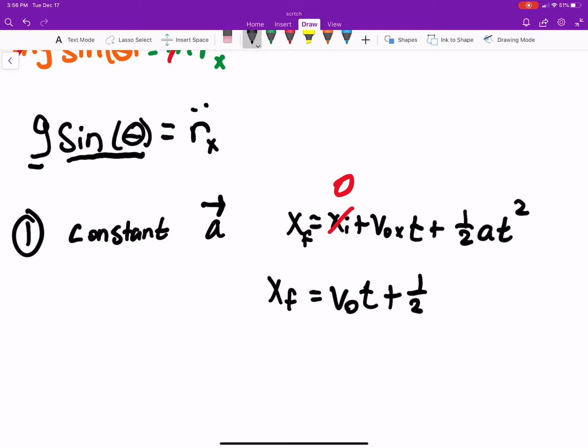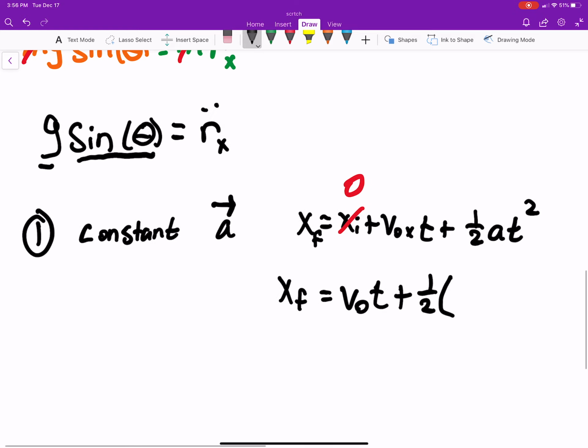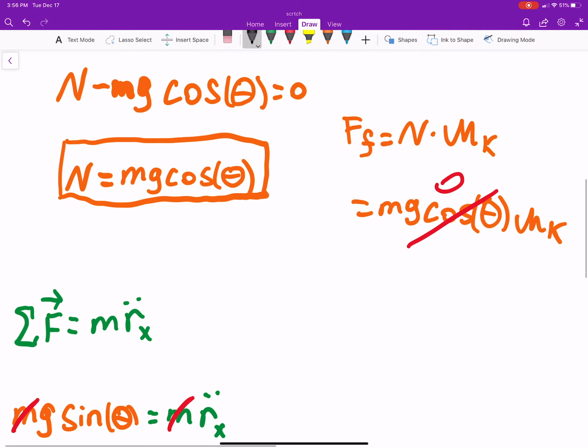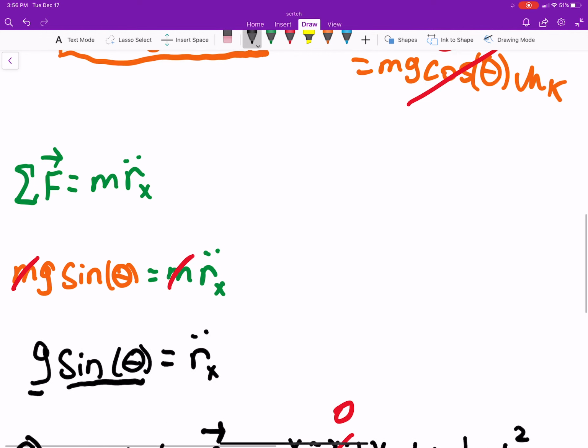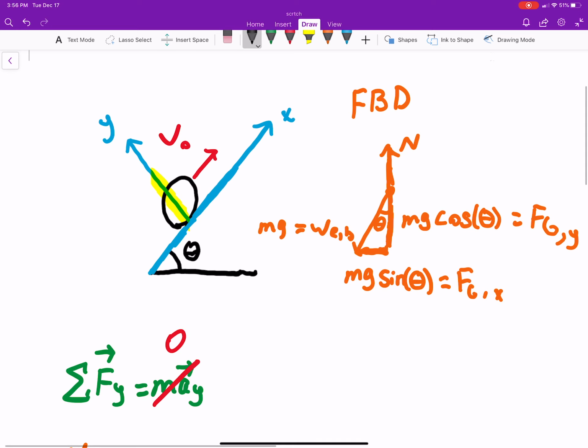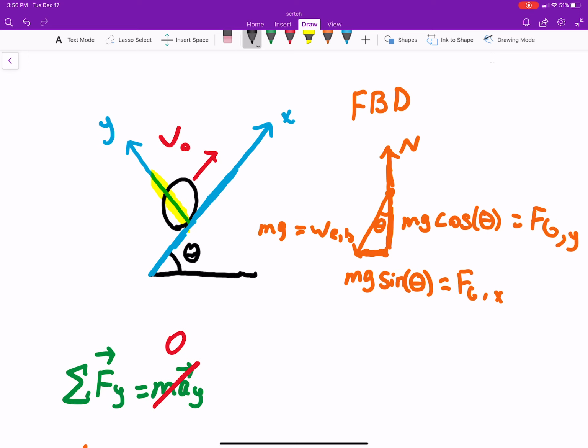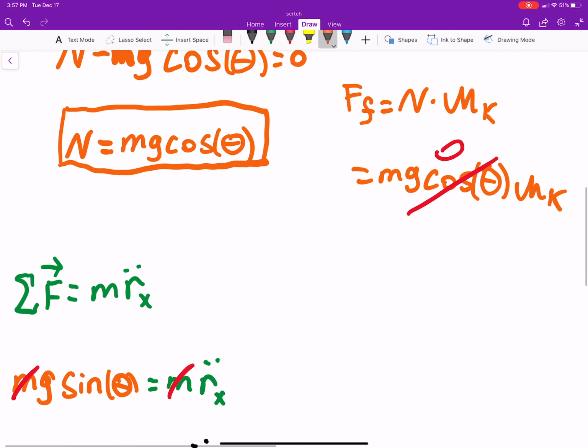Plus 1/2 our acceleration, which real quick, let's look at the sign that should be there. If we look at the direction that our puck is going, and we look at this portion of our triangle, notice that's behind that bit where we're kind of saying the origin is. Because this is to the left of that, we would make this a negative.